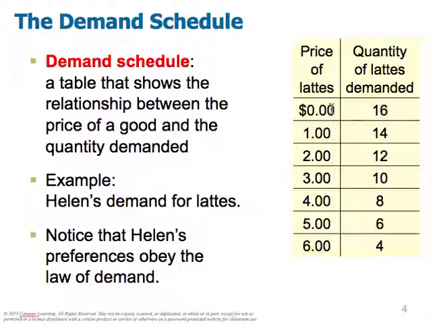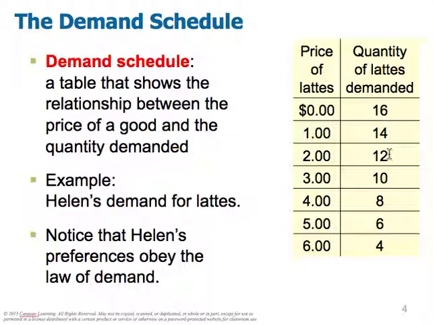But if the price of lattes increases from $0 to $1, the quantity of lattes demanded falls from 16 to 14 because lattes have become more expensive. If the price increases from $1 to $2, then the quantity of lattes demanded falls from 14 to 12.